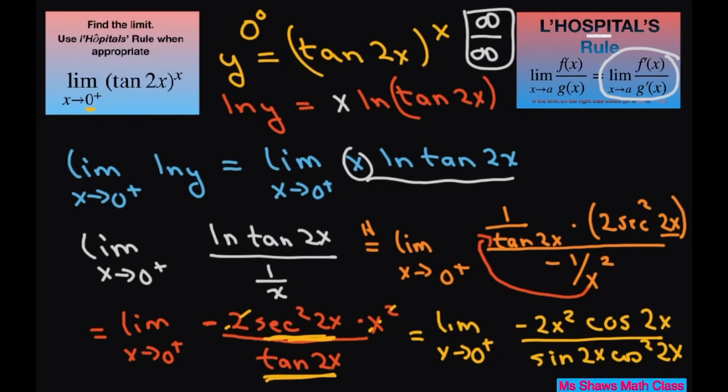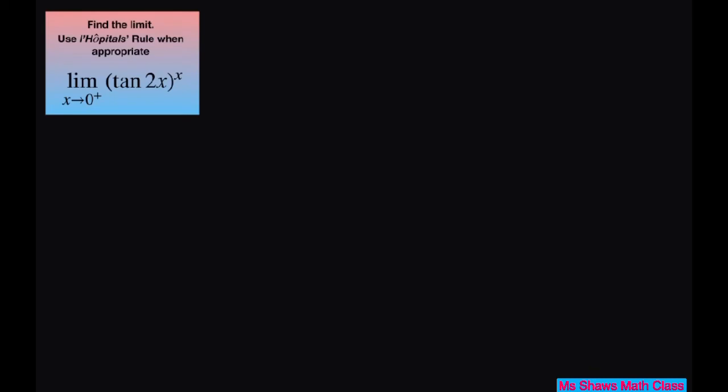All right, now let's look at what we have before I move on to the next slide. What's going to happen is I can simplify my cosine. There's 2 of them here. And I can rewrite this as the limit as x approaches 0 from the right. And I'll just have 2x in the numerator.